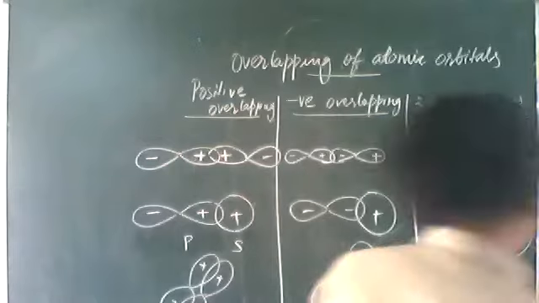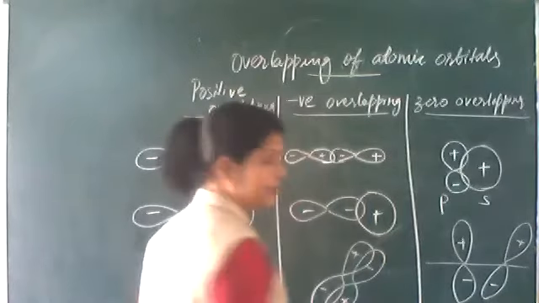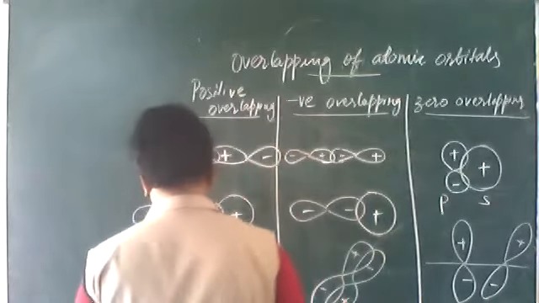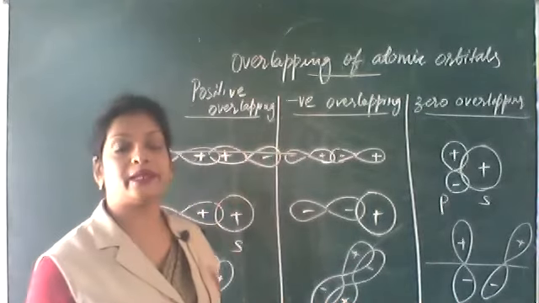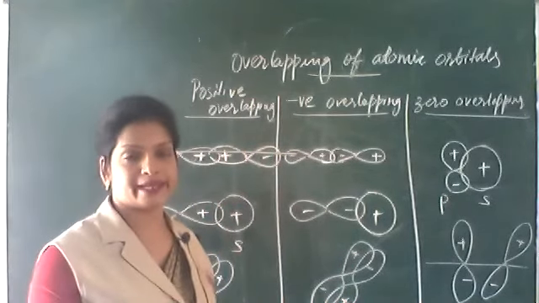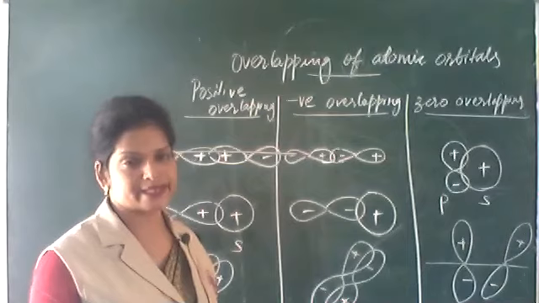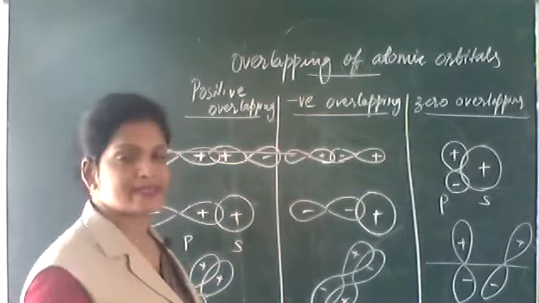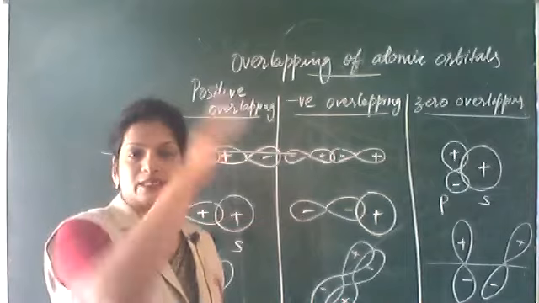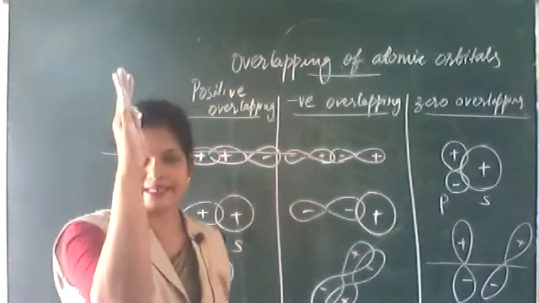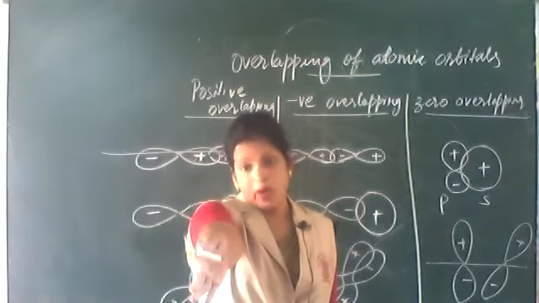The internuclear axis is taken as the z-axis. You can take any axis, x-axis, y-axis or z-axis, but generally we take the internuclear axis as the z-axis. So this is the z-axis, this can be the x-axis and this can be the y-axis.